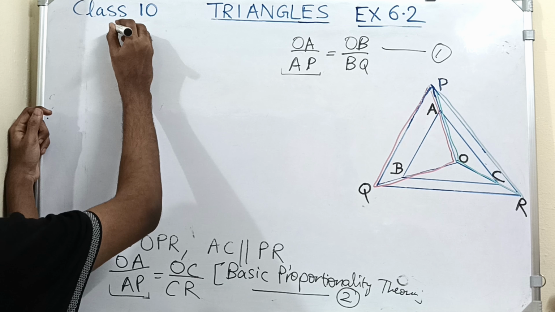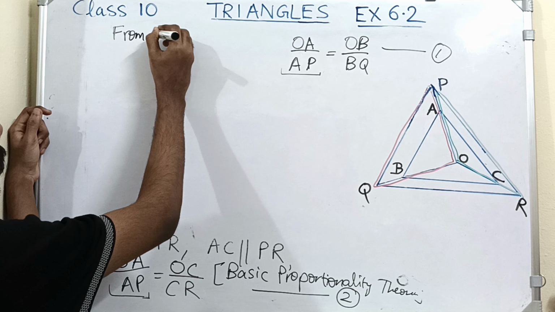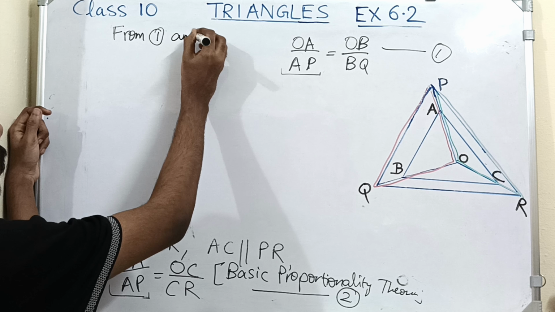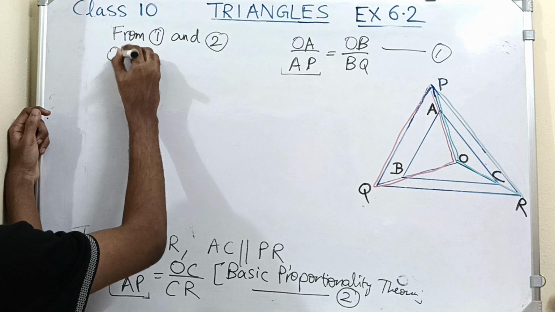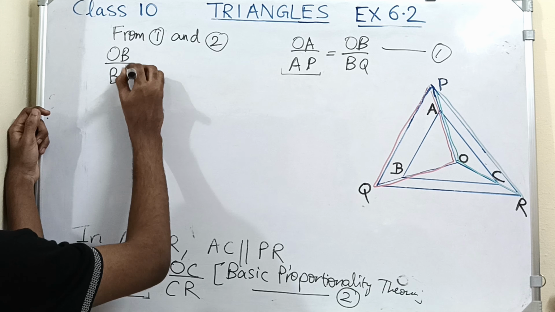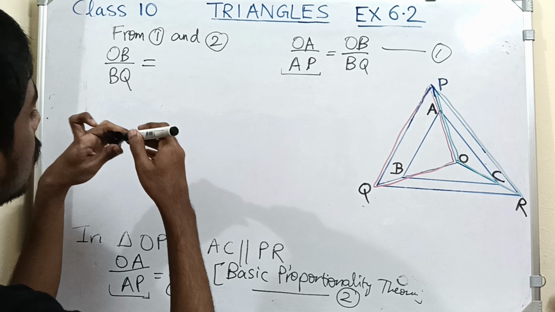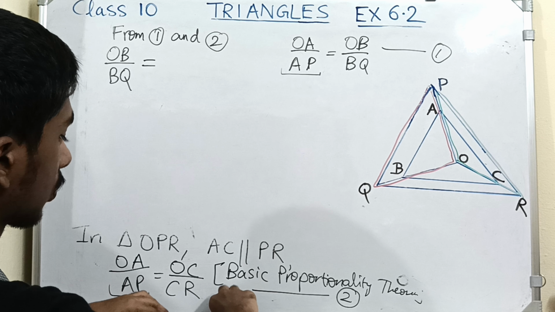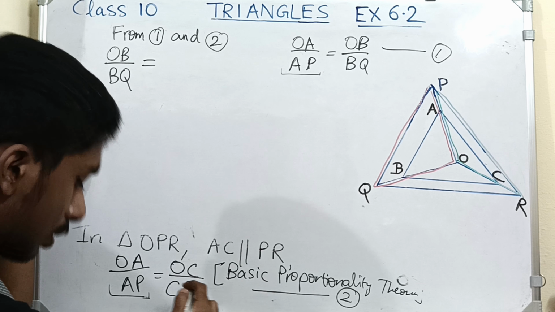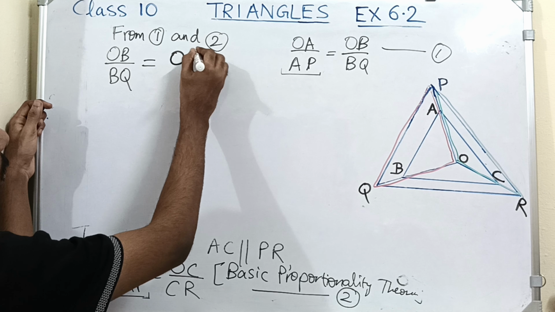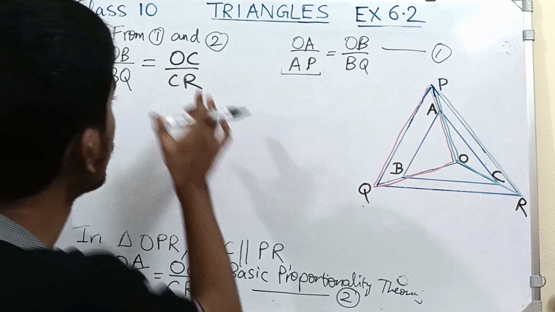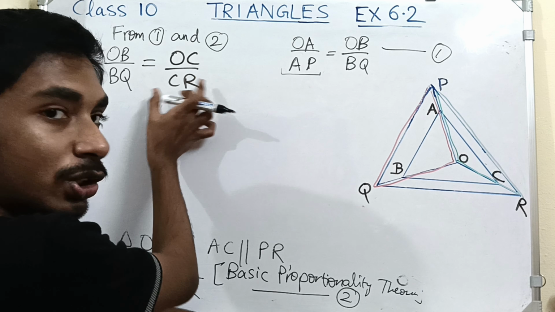So from equation 1 and 2, OB by BQ will be equal to OC by CR. Now this ratio is same.